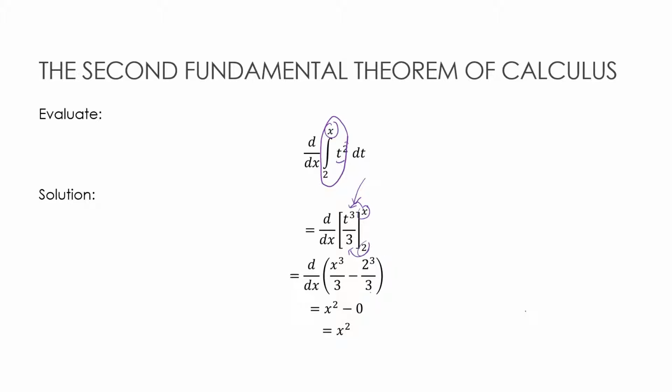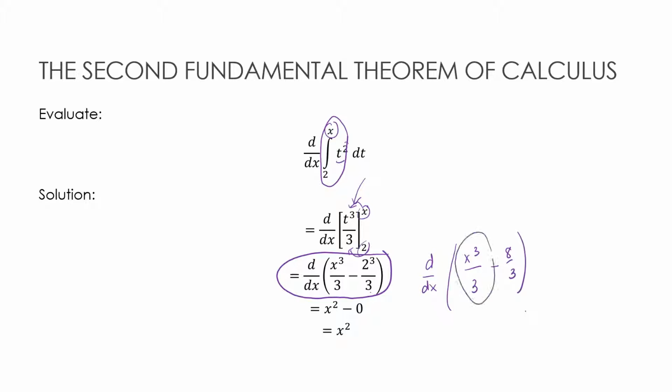So now I'm taking the derivative of x cubed over 3 minus 2 cubed over 3. That's the derivative of x cubed over 3 minus 8/3, if you'd rather.